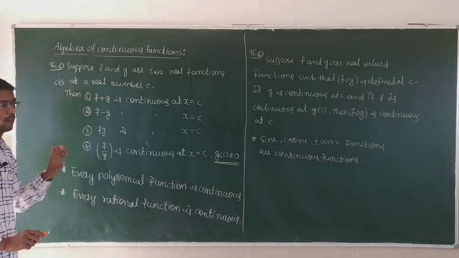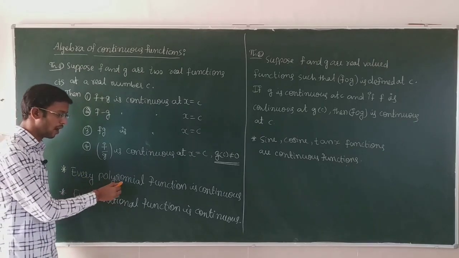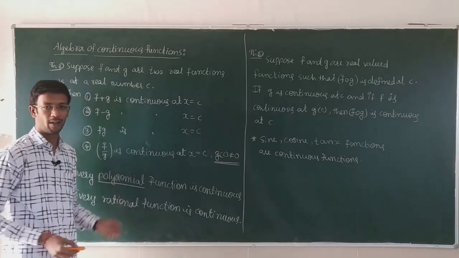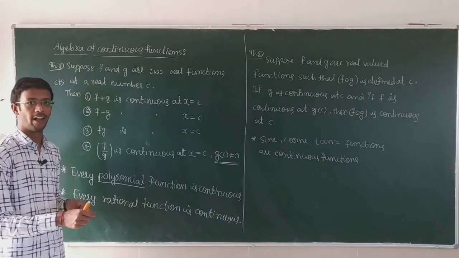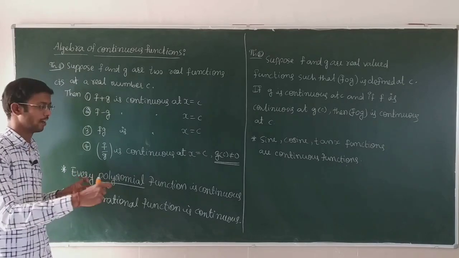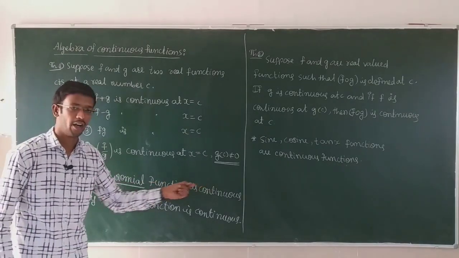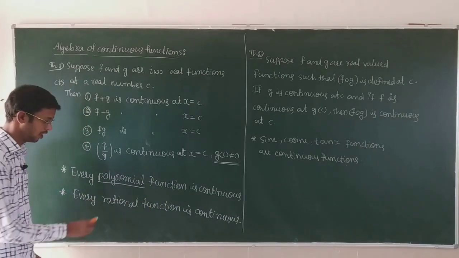Next, some important points. Every polynomial function is continuous. Polynomials we know already, like x square plus 3, a x power n plus and so on. Every rational function is continuous.